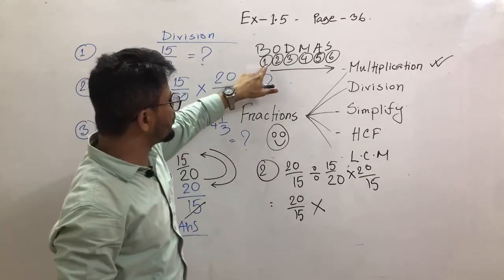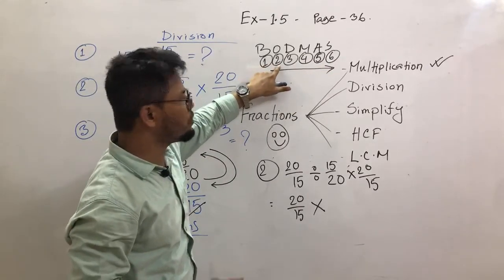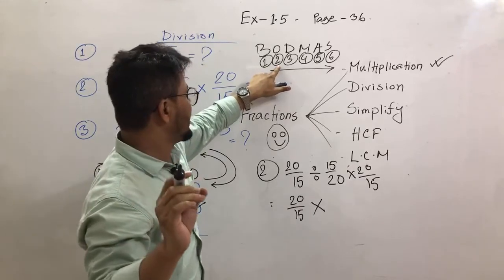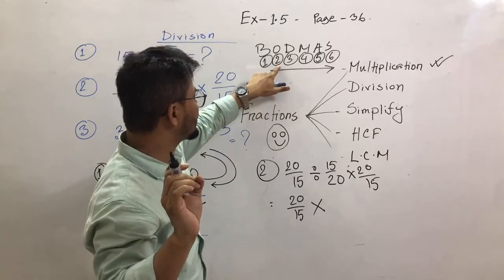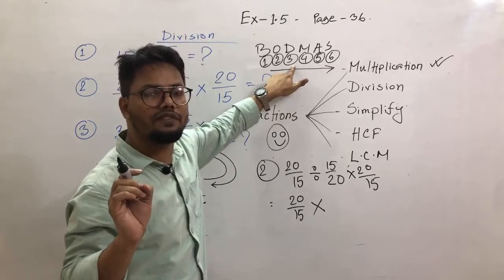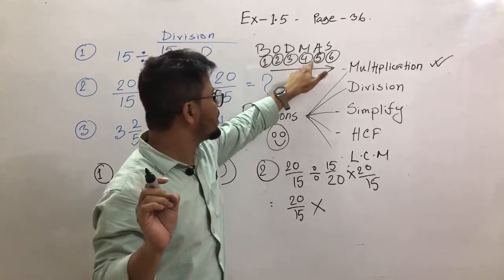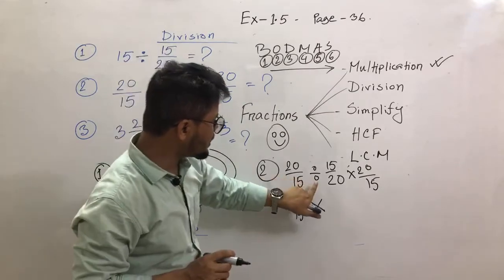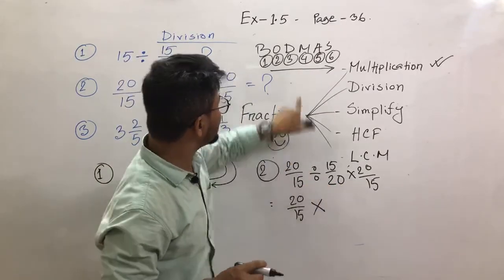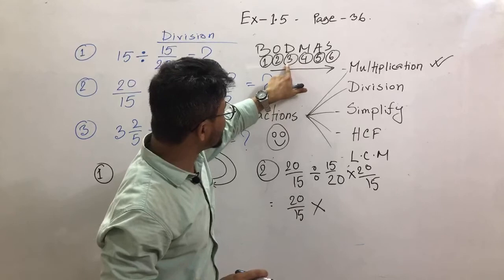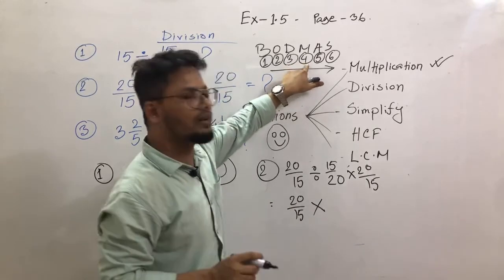If we do not get any bracket, we start from of. If there is no of in the calculation, we start from divide. If there is no divide, then we start from multiplication. So with divide and multiply, the divide calculation will be first, then multiply.